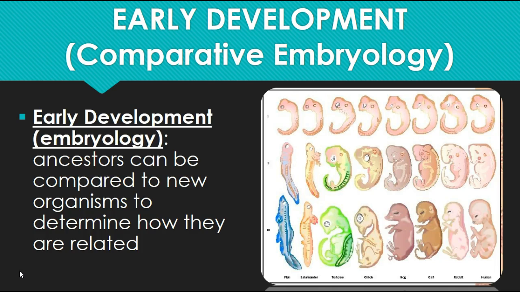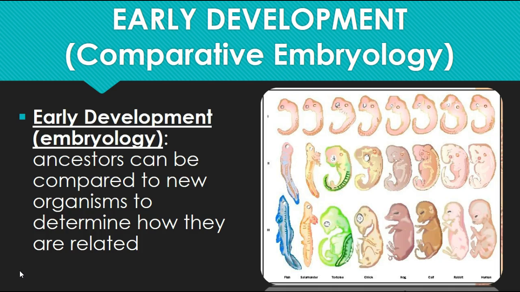And so this is the stage of development of an organism before it's born. So when we look at embryos in early development, ancestors can be compared to new organisms to determine how closely they're related.